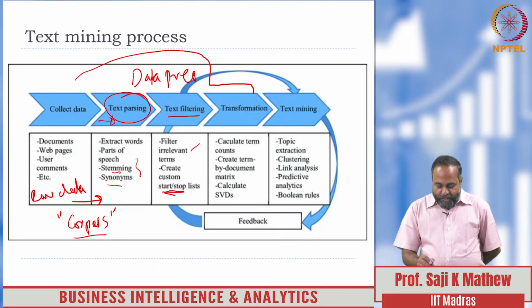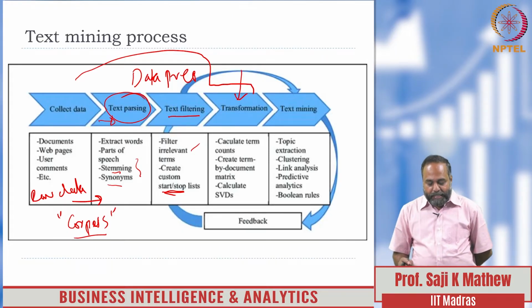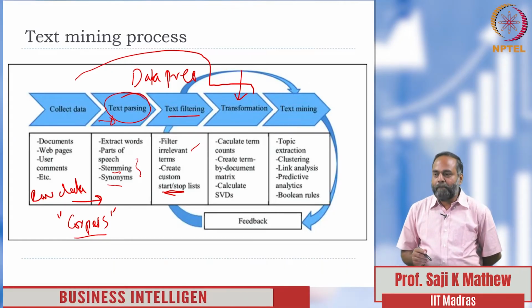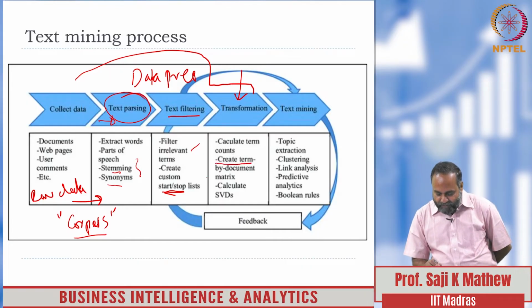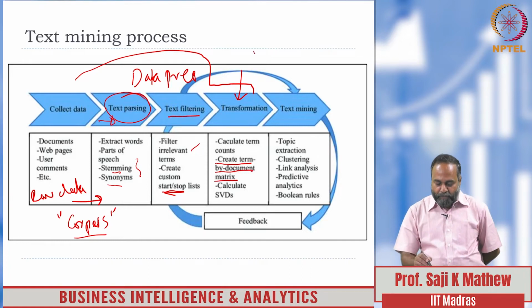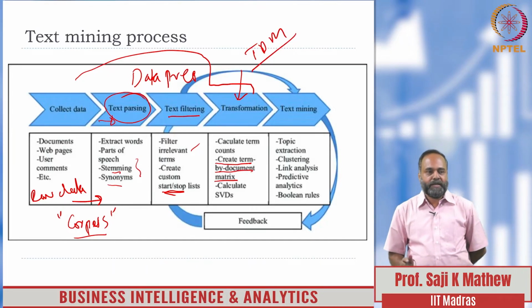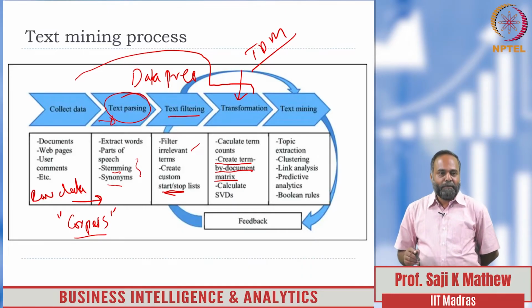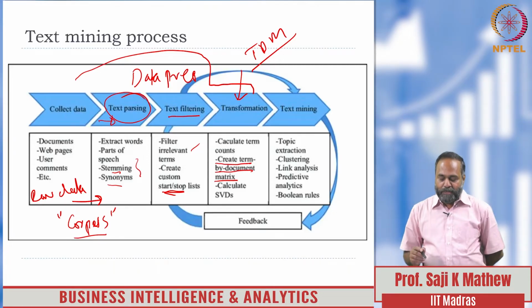At this point of transformation, you are ready to convert the text to numbers. The key construct there is something known as the term by document matrix, or TDM. By matrix itself you mean there are numbers here. You convert a collection of text into a matrix format known as term by document.